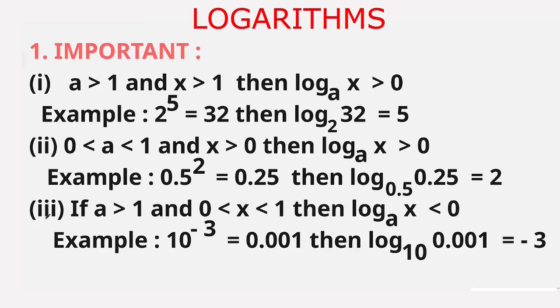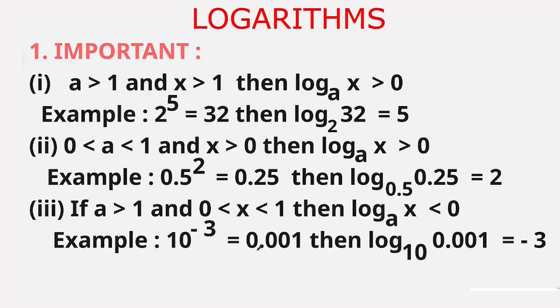Part 3. If a is greater than 1 and x is in between 0 and 1, that is 0 is less than x is less than 1, then log x base a is less than 0. And the example is 10 to the power minus 3 equals 0.001. Here 10 is greater than 1, that is a is greater than 1.